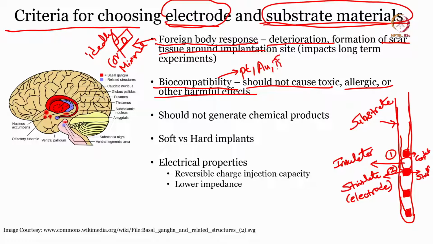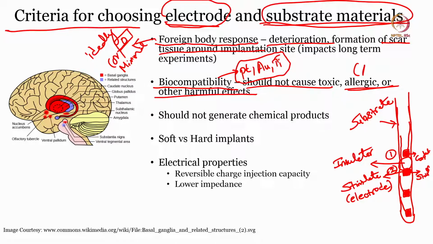I am talking about metals only, like electrode materials. Some others are like silver, and there are debatable ones as well. There are other materials which are not biocompatible, so you have to make sure they come under the biocompatible category, and there are a whole lot of studies to decide whether a material is biocompatible or not.